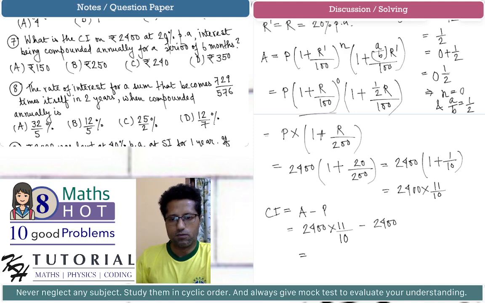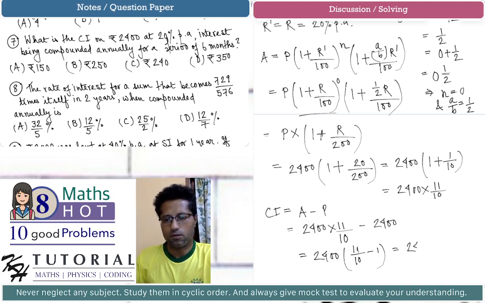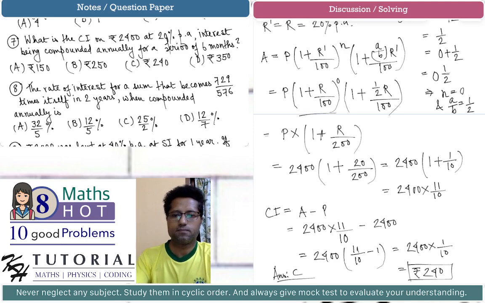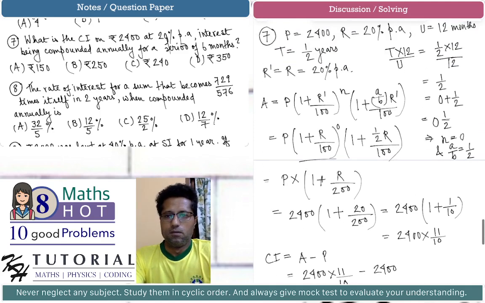So this is equal to 2400 multiplied by 11 by 10 minus 1. So this is equal to 2400 multiplied by 1 by 10. This is equal to rupees 240. So the compound interest is rupees 240, and hence C is the correct result.